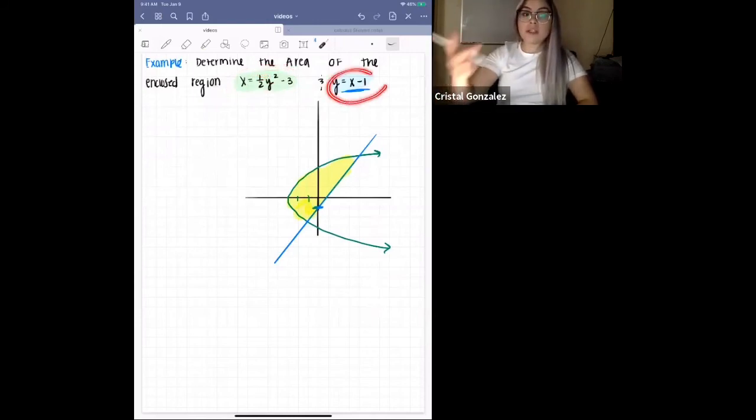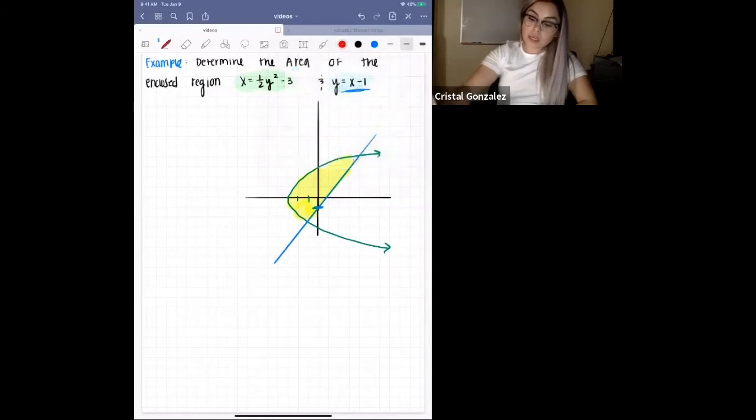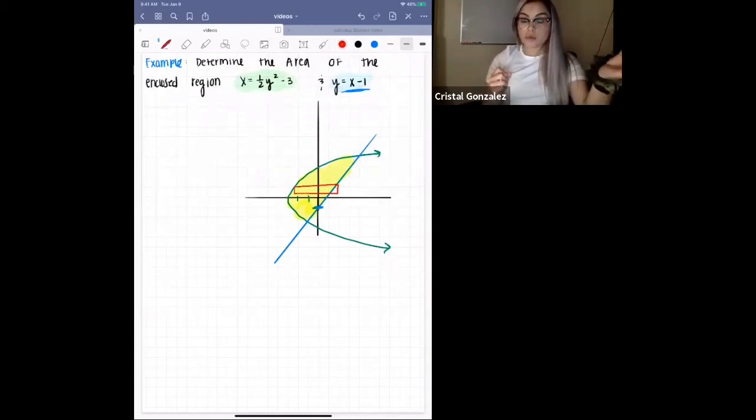So the first thing that we have to do is, since we're choosing, in this case, to evaluate that rectangle for the horizontal values, for the horizontal rectangles, we need to find out where they bound each other. And so that means that we're gonna need to set these two equal to each other.